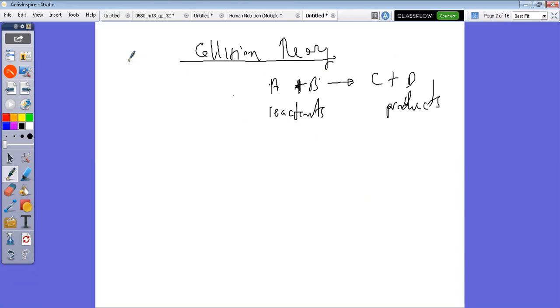What the collision theory states, if you want to summarize it, is that when particles of the reactants collide, in this case A and B, what will happen? Two things will happen.